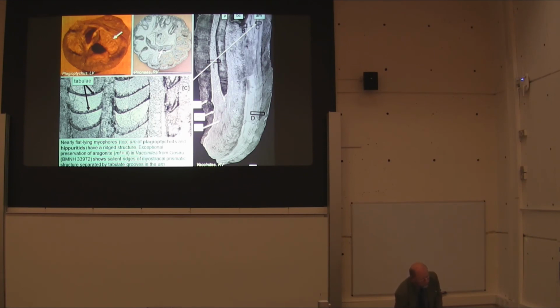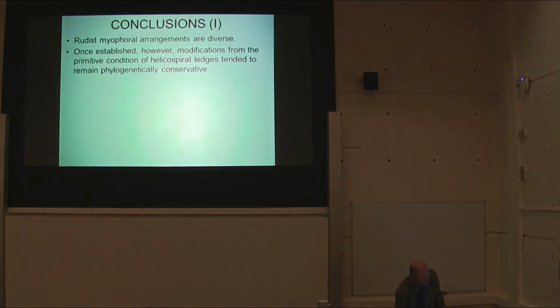And if we look closely at what's happening in these flattish areas, the myostracal prisms are arranged like so, which implies growth lines of that form. So in fact, the ridging is like a radiator grill, with the muscles still attaching down the sides of the radiator grill.